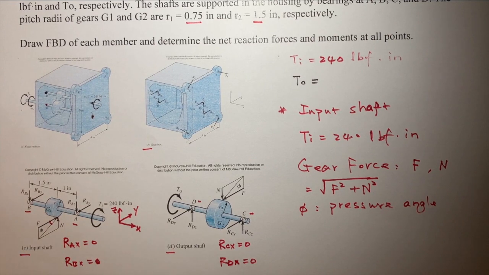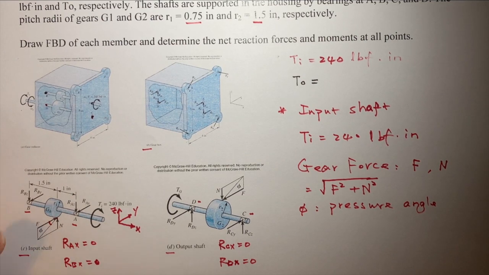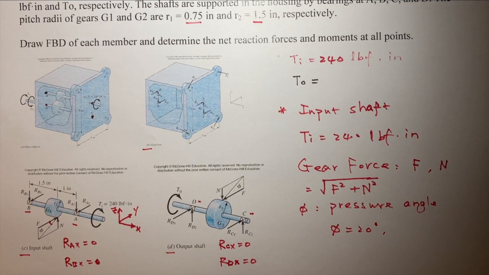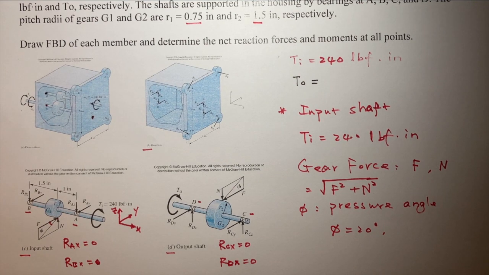When you buy a gear, it is usually a standard part, so the pressure angle is pretty much standard. Phi is usually 20 degrees or 25 degrees, depending on what type of gear you get. Here I just say phi equals 20 degrees, standard gear.